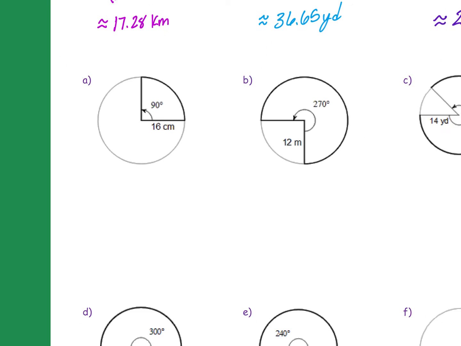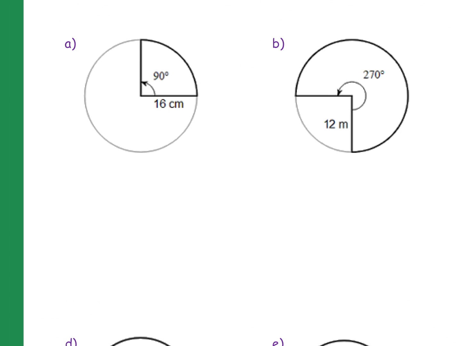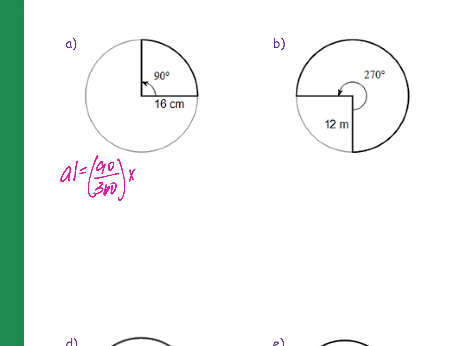So we've got AL equals 90 over 360 times 2 pi times 16, which is approximately equal to 25.13 centimeters. Beautiful.